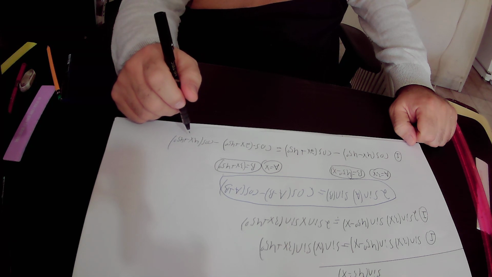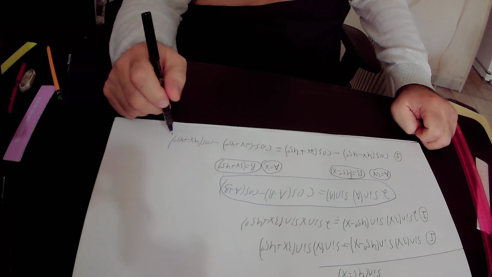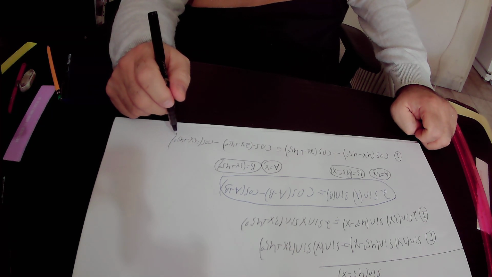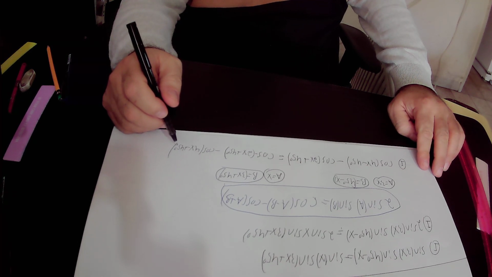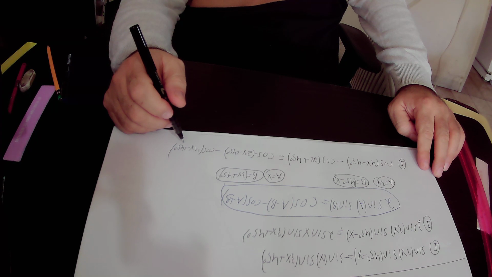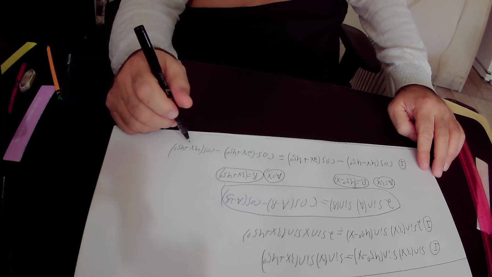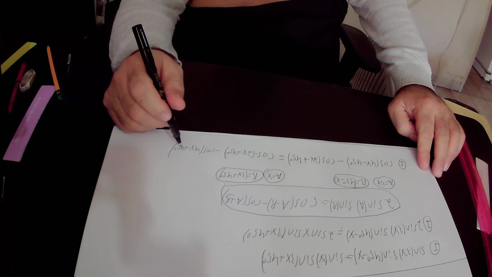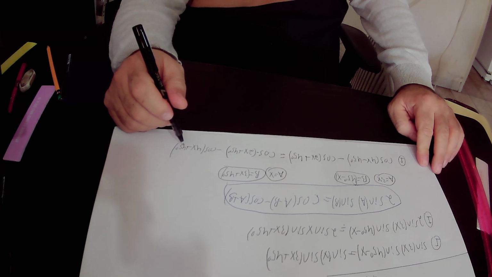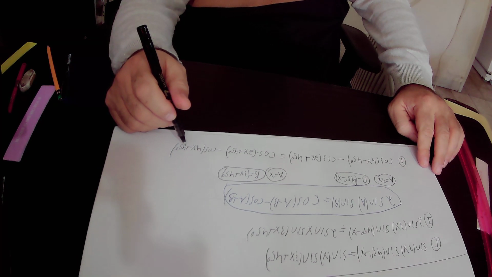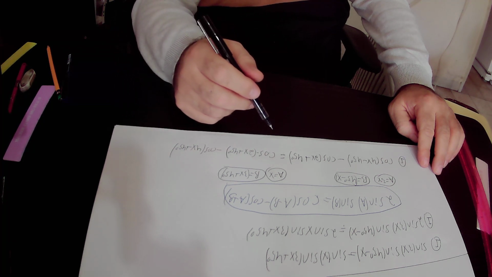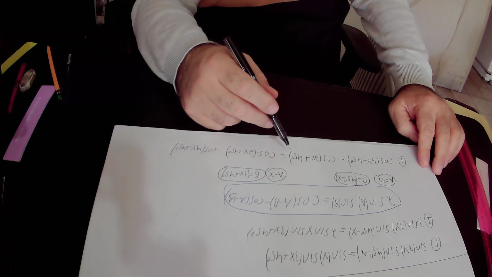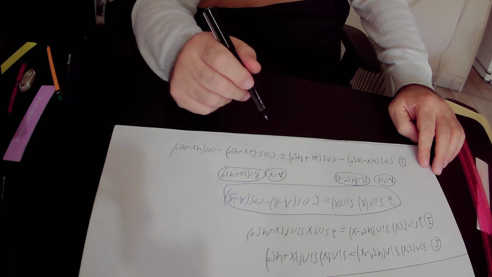So here we will add to this equation number 1, cosine 4x plus 45 degrees, and also cosine 2x plus 45 degrees.